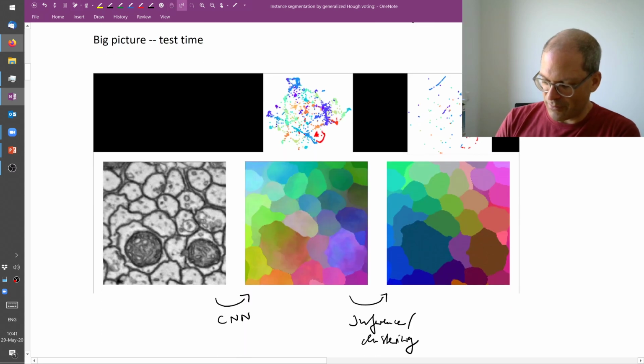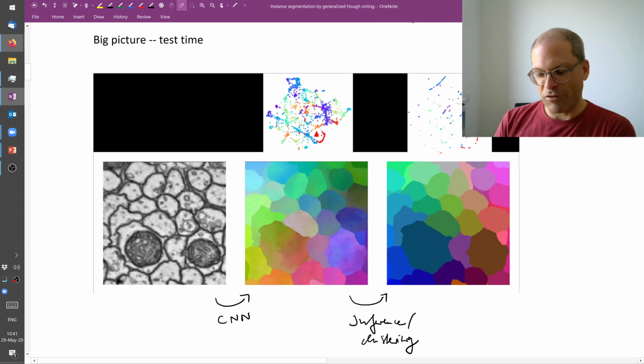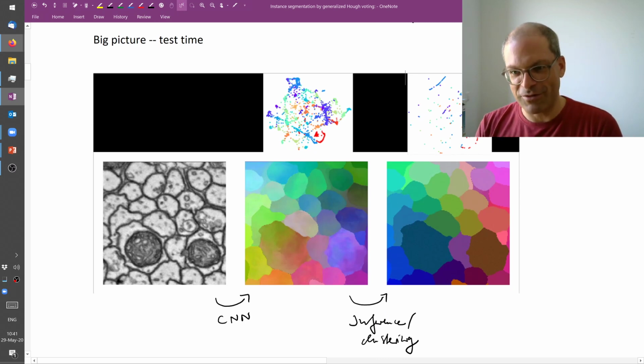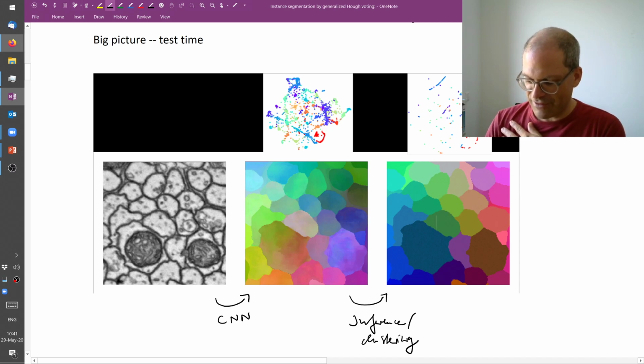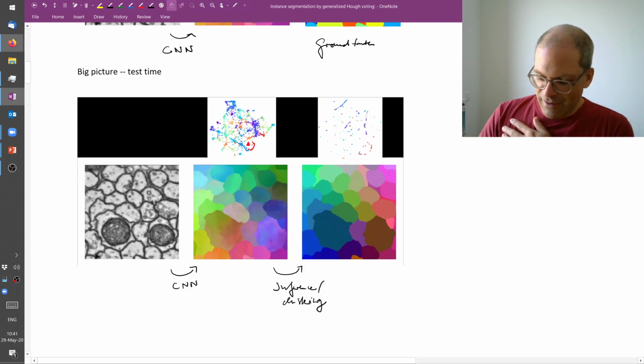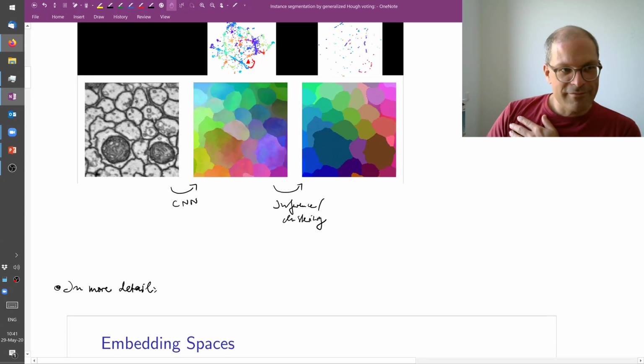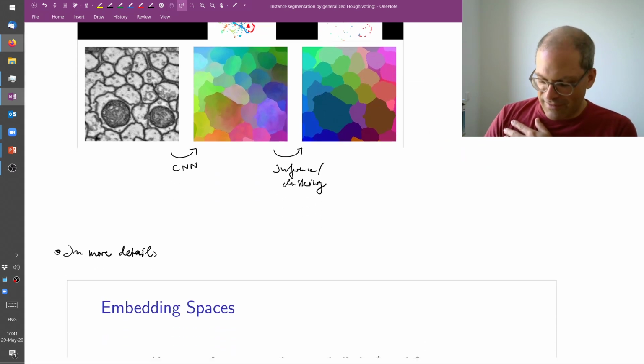Or in the spatial domain, it looks like this. Unfortunately, in the dimension reduction here from left to right, the colors look very different now. But the important thing is that here they are more homogeneous than they are on the left. Okay, so that was the big picture. Now let's look at this in more detail.